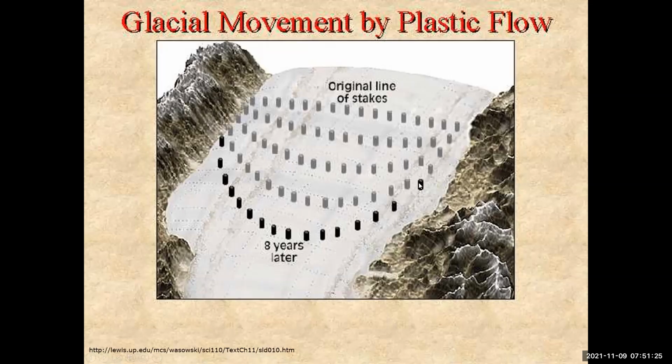So all of these stakes had moved collectively together. But again, these central stakes here had flowed a little bit further. And that's because of that internal sliding or that plastic flow associated with this glacier as well. All right, so they are moving, and again, that is taking those materials from that zone of accumulation to that zone of wastage.